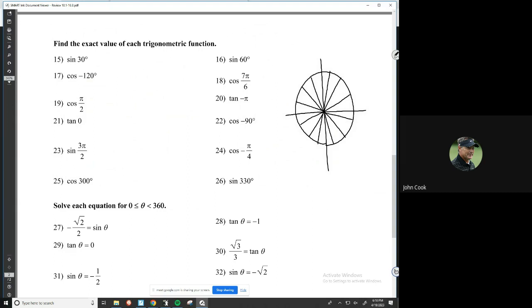Okay, so let's do the degrees first. I can do 0 degrees, and then it goes in a pattern. It goes up by 30, and then 15, and then 15, and then 30, and then 30, and then 15, and then 15, and then 30 for the degrees. So watch, if I go up by 30, that's 30 degrees. Up by 15, that's 45 degrees. Up by 15 again, that's 60 degrees.